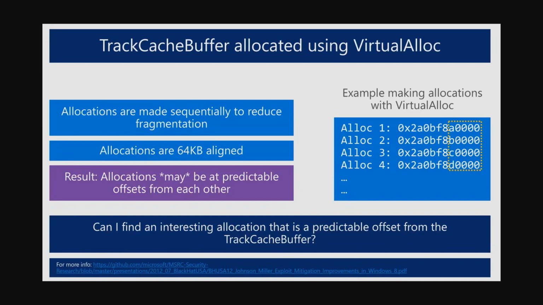And this gave me an idea, which is that it might be possible that there is some interesting buffer that is allocated at some predictable offset from the track cache buffer, because these allocations are all made in such a sequential and predictable way. However, it's not guaranteed that that's going to be the case, because if there are multiple threads calling VirtualAlloc at a time, then there can still be unpredictability in how things are laid out.